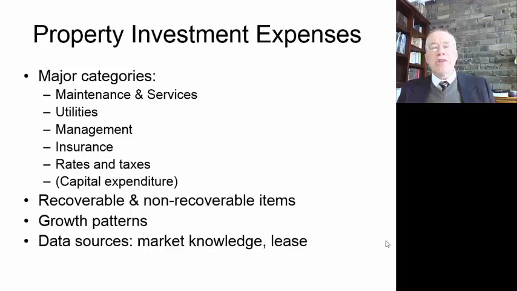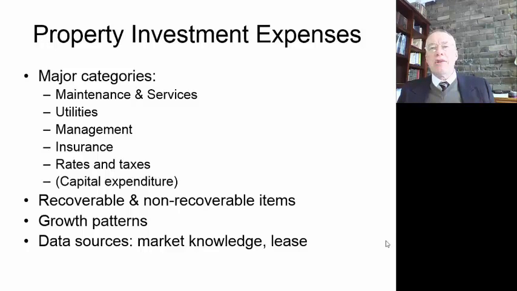When we look at expenses, again we can look at the domestic investment, say a housing investment, a dwelling investment property, and that really gives us most of the major categories. So we're going to be looking at maintenance, utilities, management, insurance, rates and taxes, and perhaps an allowance for capital expenditure.